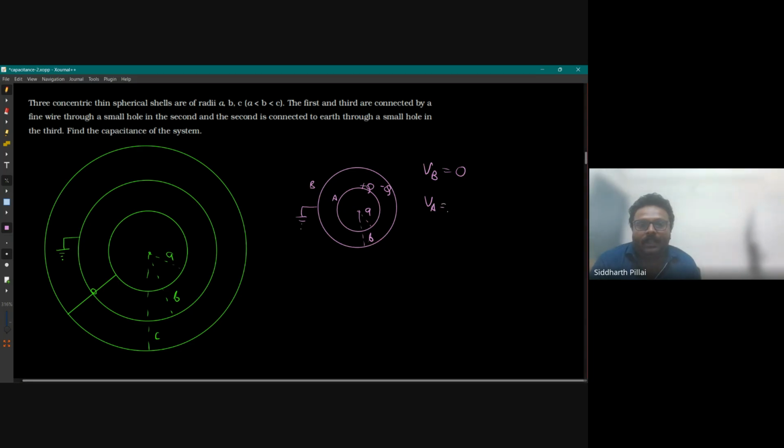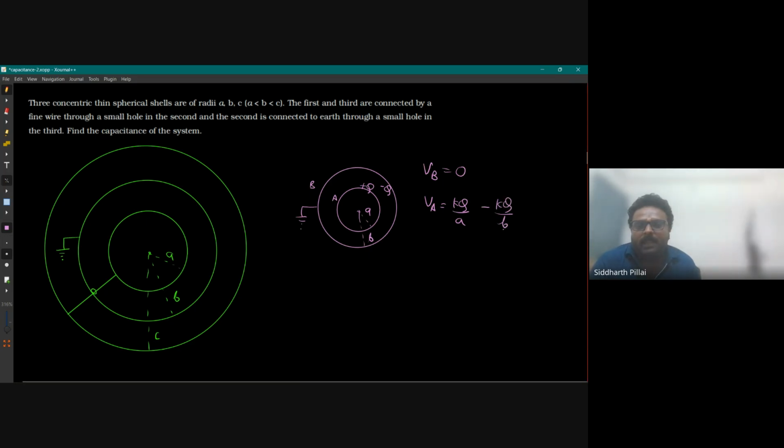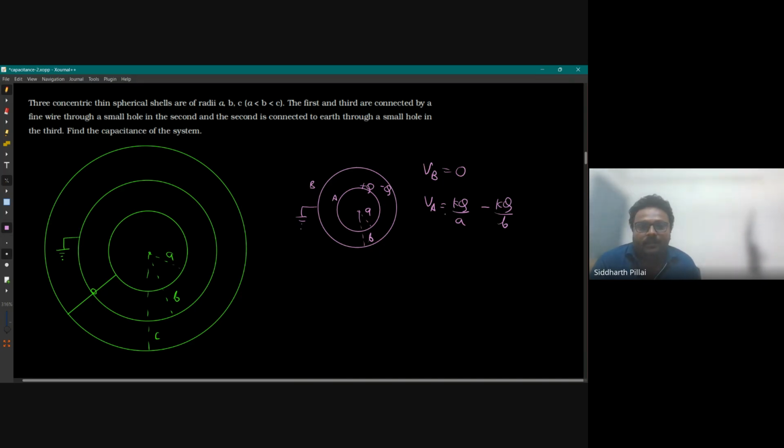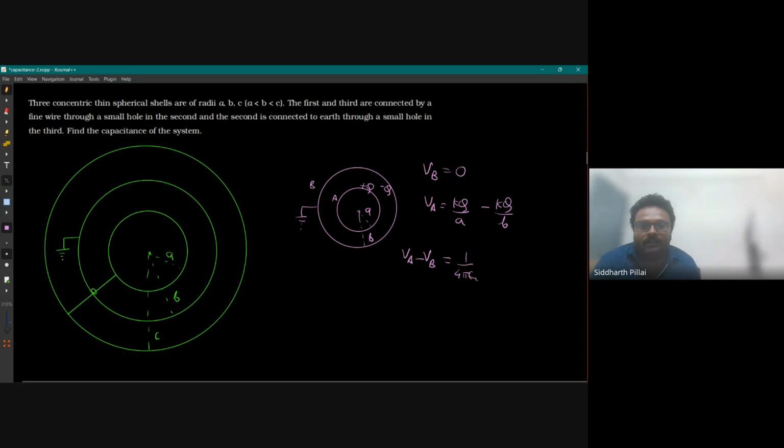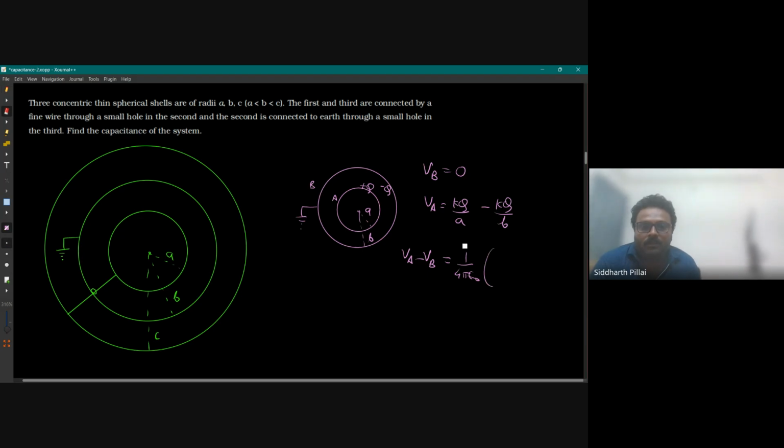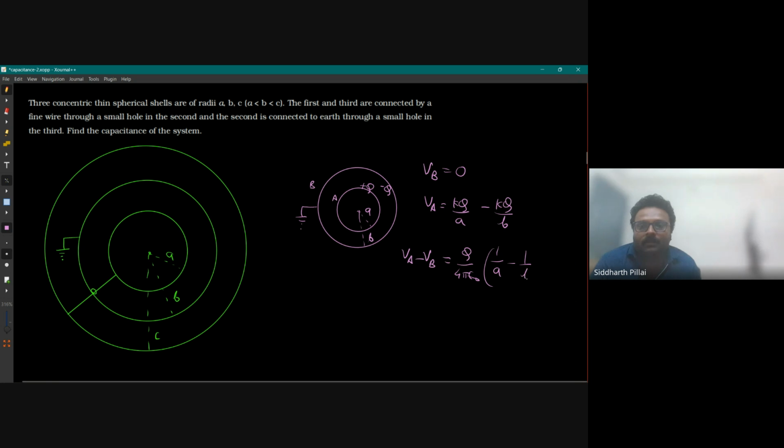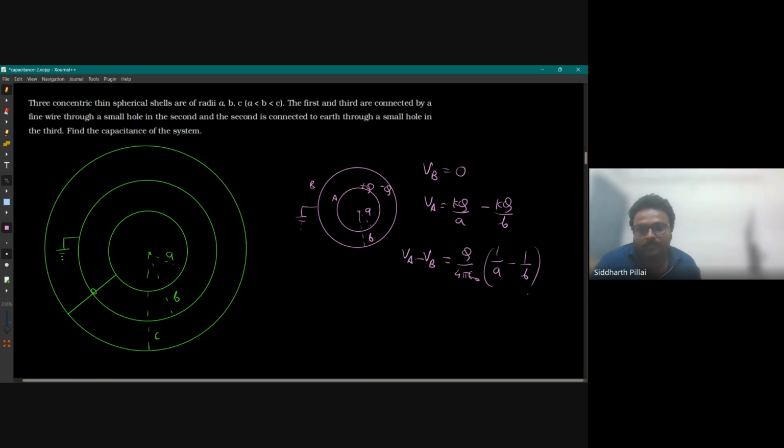VA is going to be self potential KQ by A, and because it's in the interior of B, I'll get minus KQ by B, correct? So what is VA minus VB? That is just equal to this VA. I'll write K as 1 by 4 pi epsilon naught. Q also I can take common. I'll get 1 by A minus 1 by B, correct?